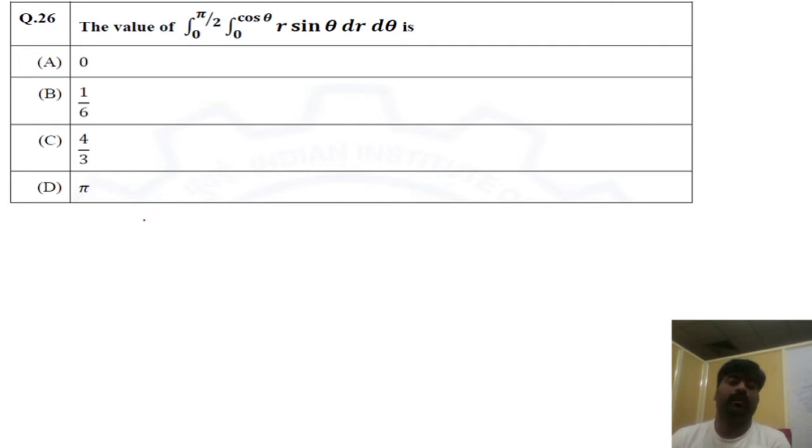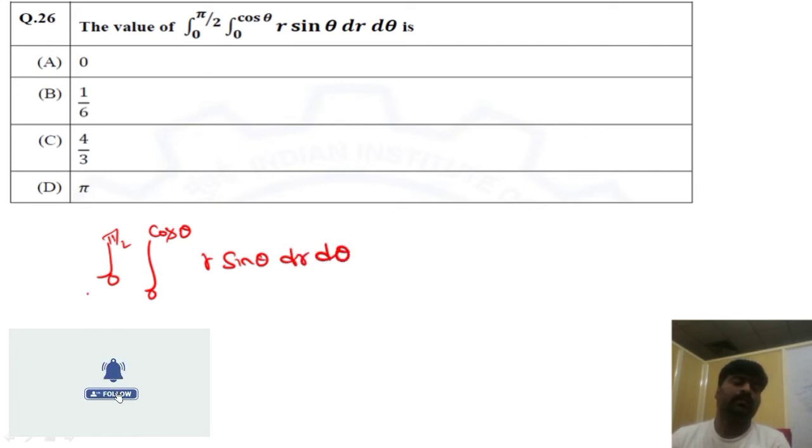It's a double integral, a direct question. We need to find the value of the integral from 0 to pi by 2 and 0 to cos theta of r sin theta dr d theta. Here the outer limits are about theta, and the inner limits are about r.